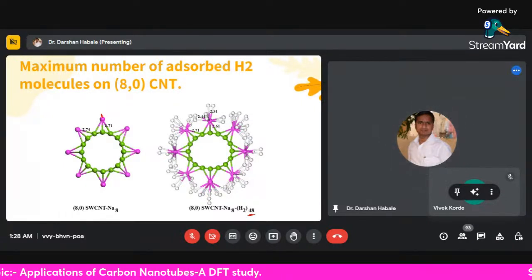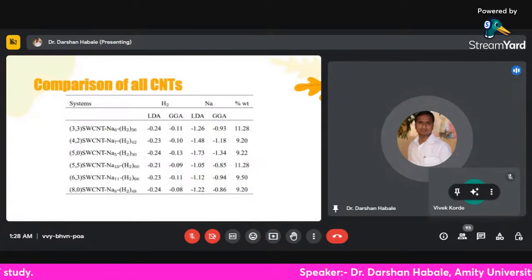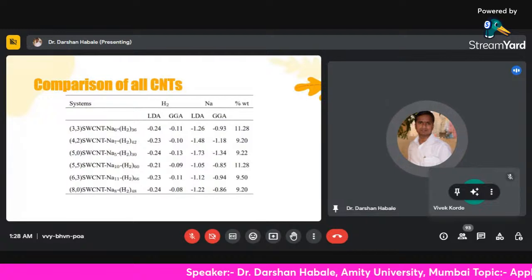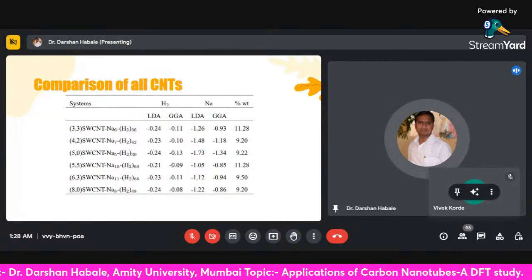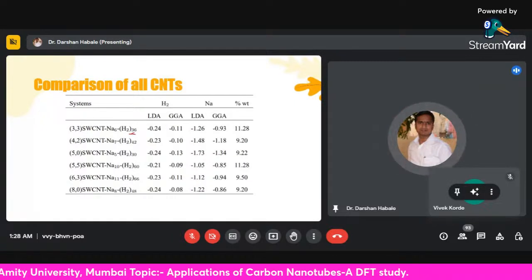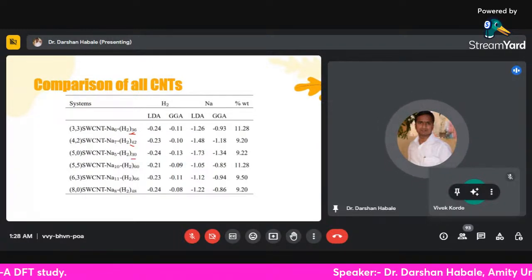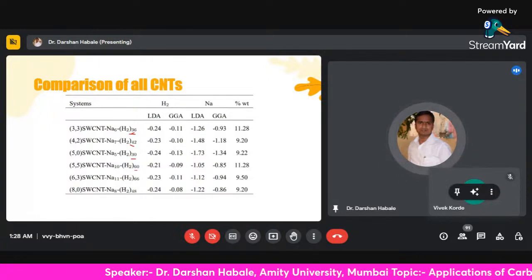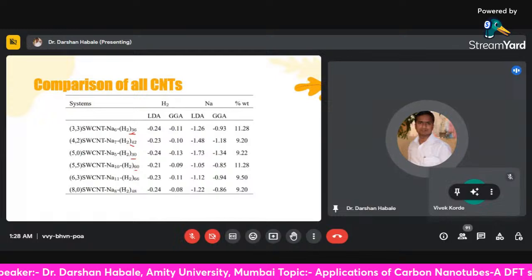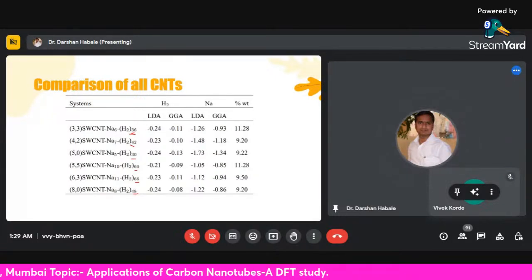After comparison, you can see the differences if we use different CNTs for the adsorption of hydrogen molecules. The 33 carbon SWCNT can adsorb a maximum of 36 hydrogen molecules. The 42 carbon SWCNT can adsorb 42 hydrogen molecules. The 50 carbon SWCNT can adsorb only 30 hydrogen molecules. The 55 carbon SWCNT can adsorb 60 hydrogen molecules. The 63 carbon SWCNT can adsorb 66 hydrogen molecules. The 80 carbon SWCNT can adsorb 48 hydrogen molecules.